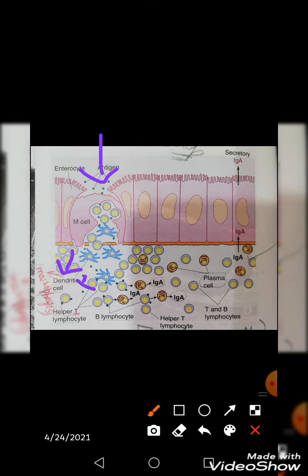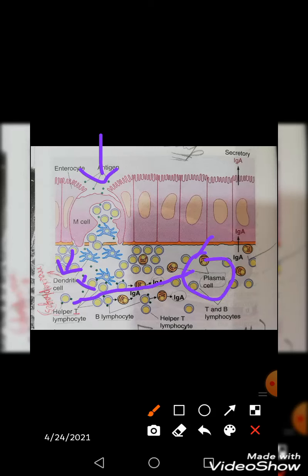When these lymphocytes have interacted with the antigens, they reach the regional lymph nodes, pass through the thoracic duct, and reach the bloodstream. In the circulation, the lymphocytes reach the lamina propria of the gut, and there they develop into plasma cells.